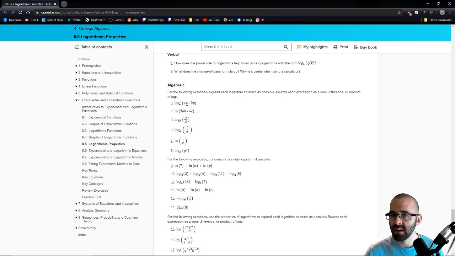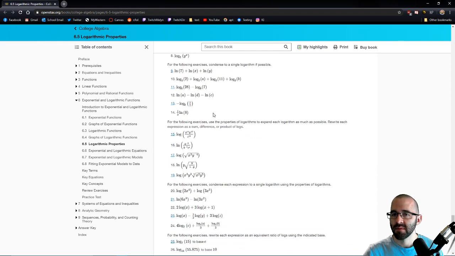And this one right here, log of 7x plus log of 2y, and then you can split up each one of those one more time. Condensing. For this one, they're all added, which means they all turn into multiplication. This becomes the natural log of 7xy. Condense them all as much as you can.